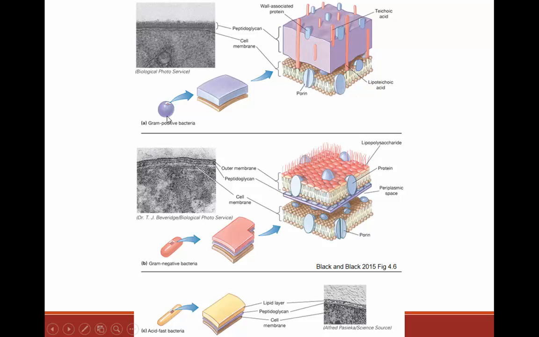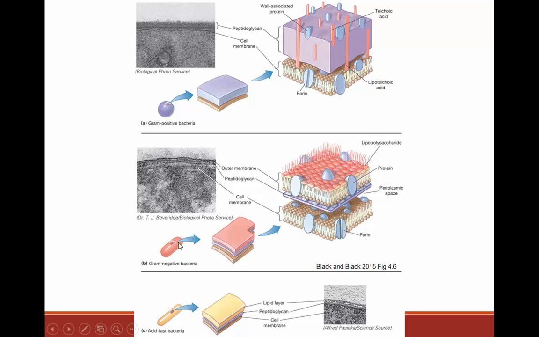So if you have a gram-positive bacteria, you've got that large, very wide layer of peptidoglycan, and you've got lots of proteins associated with that. So that's the gram-positive. What colour would it stain with gram stain? Gram-positive is purple. Positive purple.